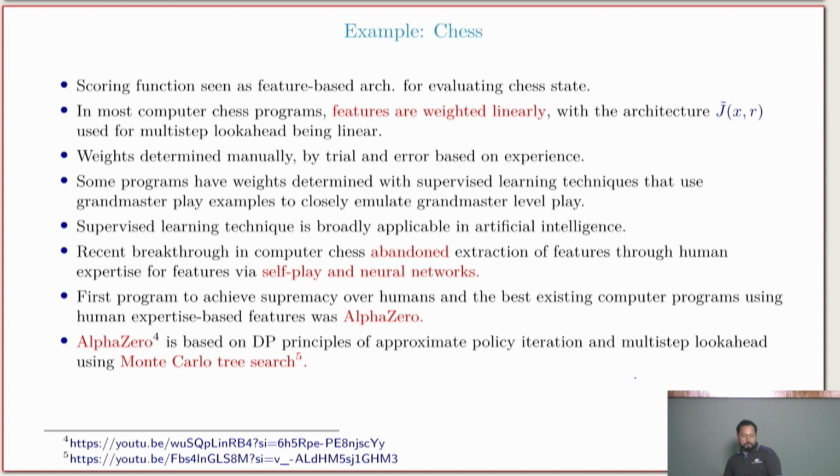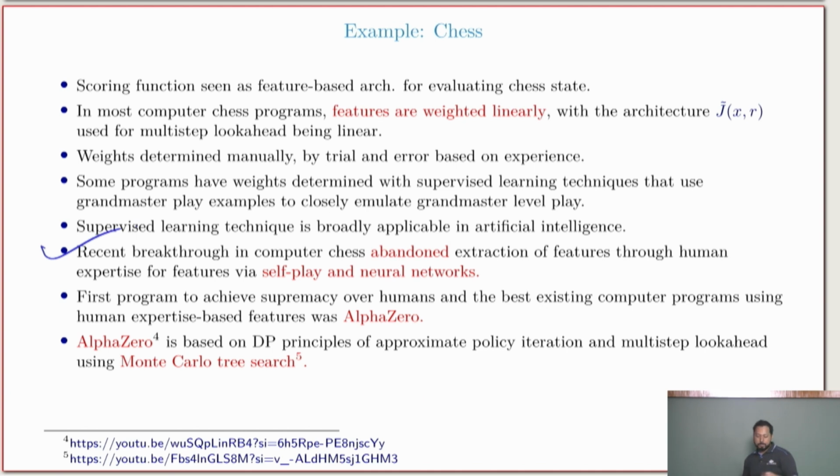And so in general, in most chess games, we will have these features. We will do a linear combination of these features, and build these approximation functions, and do multi-step look-ahead. So all this gets combined very nicely with whatever we have studied so far. The recent breakthrough comes from extraction of features through, let's say, human expertise, or via self-play.